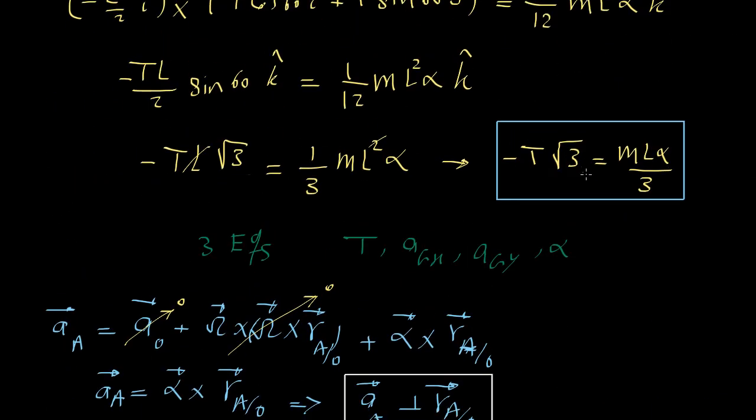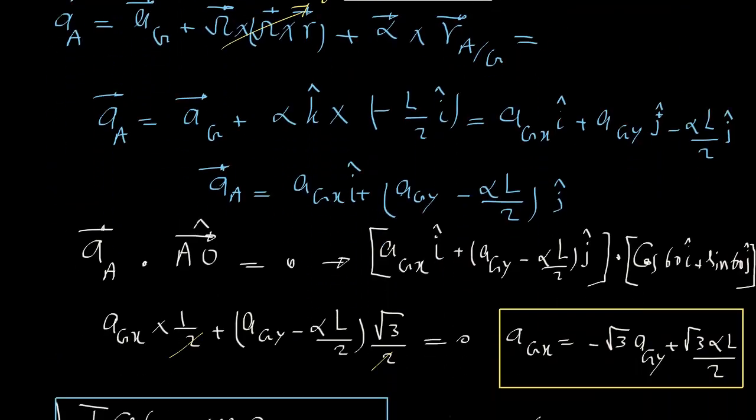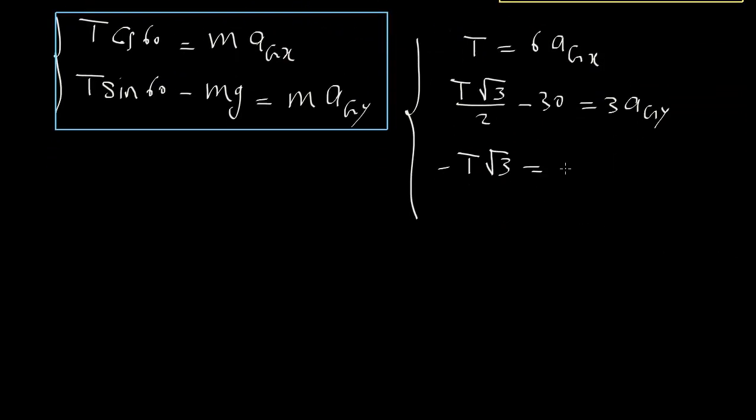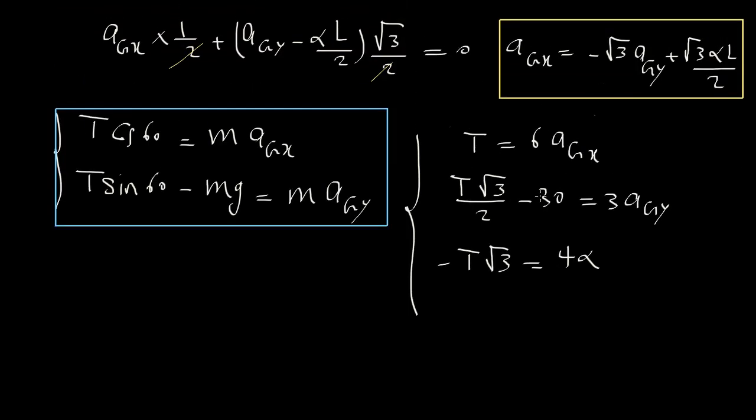Yeah, minus T square root of 3, this m is 3, it cancels out with this 3, we have L alpha, and L is 4 meters, so that's 4 alpha. And the last equation here we have Agx, I'm just rewriting that equation. It's equal to minus 3 Agy plus square root of 3 alpha L over 2.